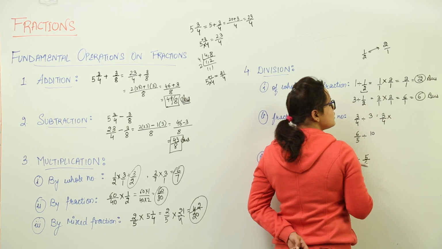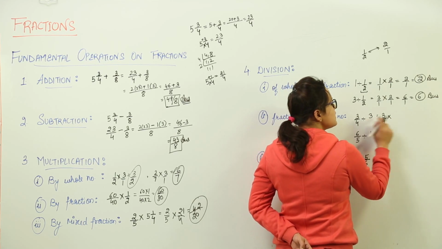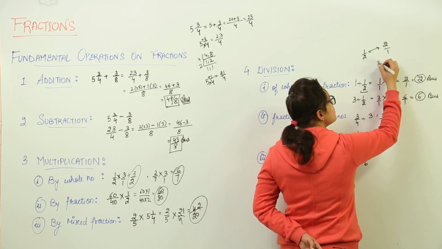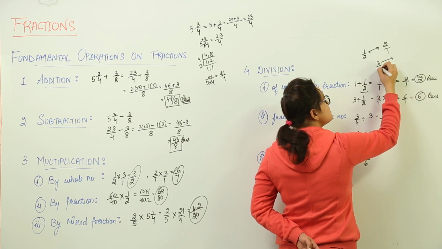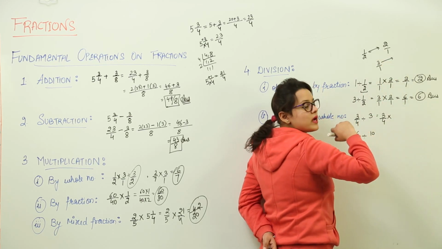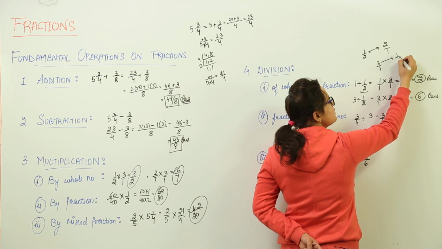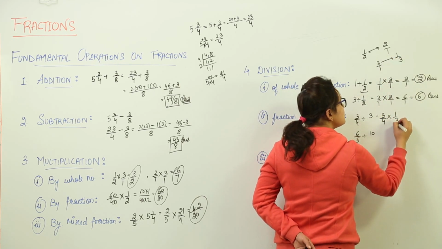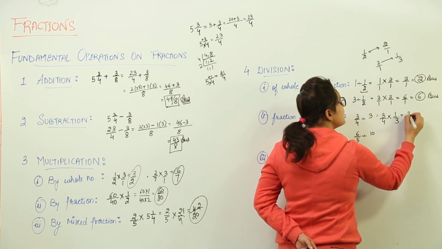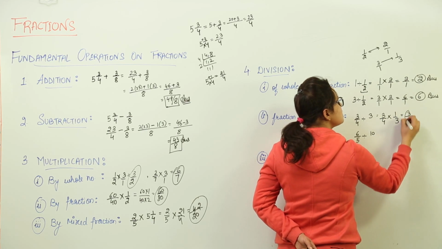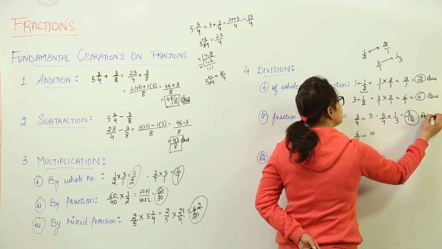Division sign gets converted to multiplication sign. 3 gets reciprocated. What is the reciprocal of 3? Because nothing is written in the denominator, that means it has 1. So the reciprocal of this would be 1 by 3. On solving we get 3 upon 4 3s are 12 as the answer.